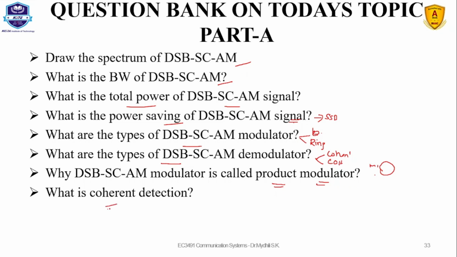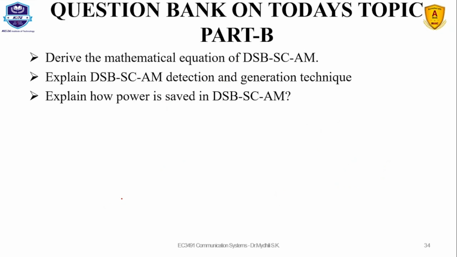Then what is coherent detection, and why is it called coherent detection? Simple. There is also a big question part, which is very important: they will ask what is DSB-SC AM and ask you to explain it fully, or derive the mathematical equation of DSB-SC AM. They can also ask about DSB-SC detection and generation techniques.